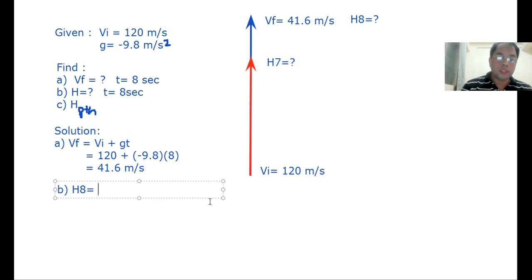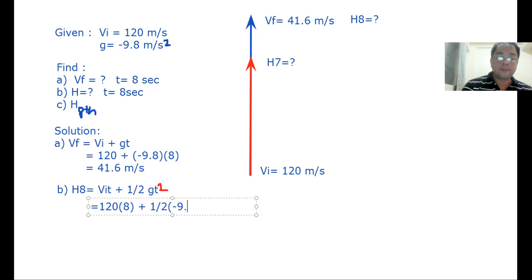So again, our equation here is V sub I t plus 1 half g t squared, so we square the value of time. Initially this is no longer 0, so initial velocity is 120 times 8 seconds, plus 1 half, and our g value now is negative 9.8, and we square the time, so 8 squared.